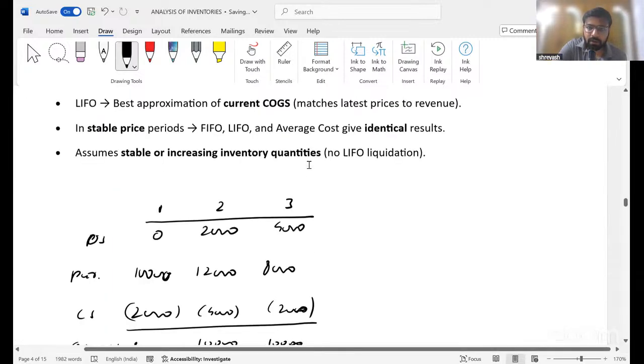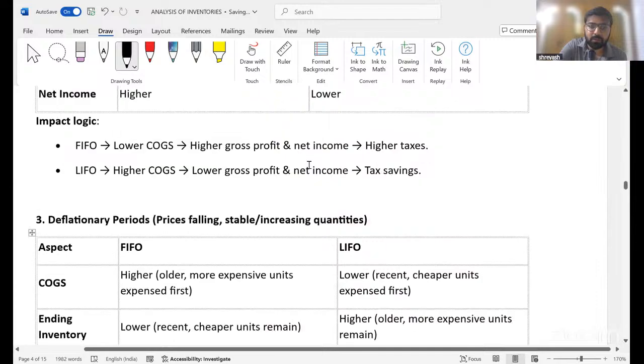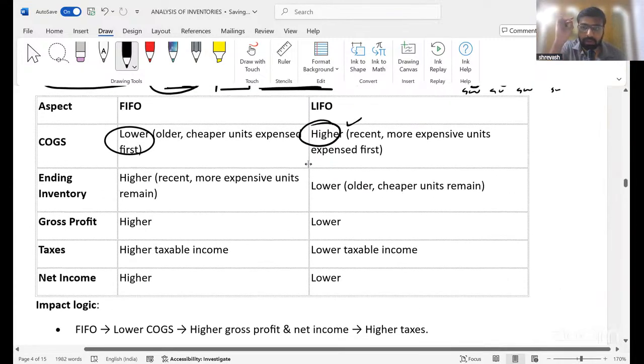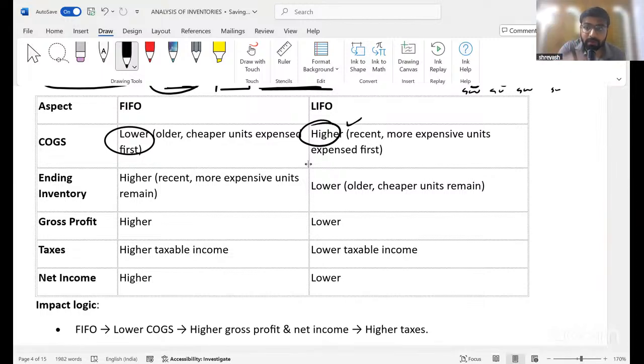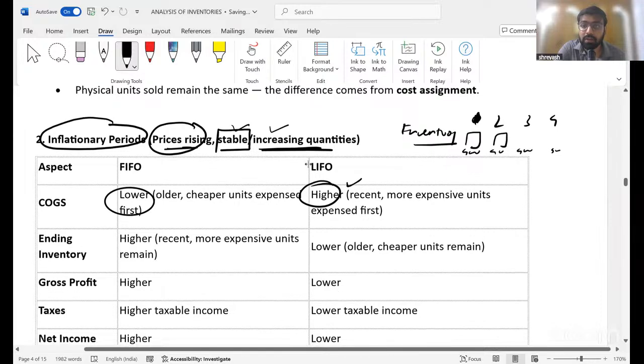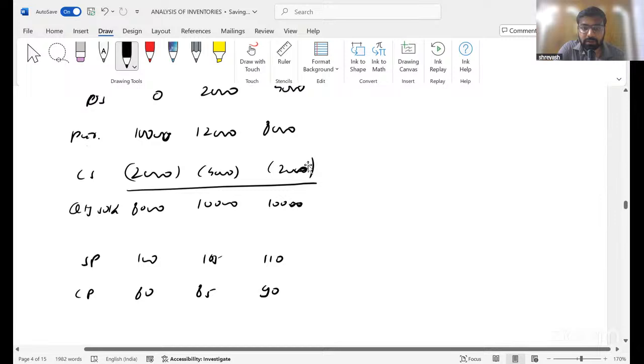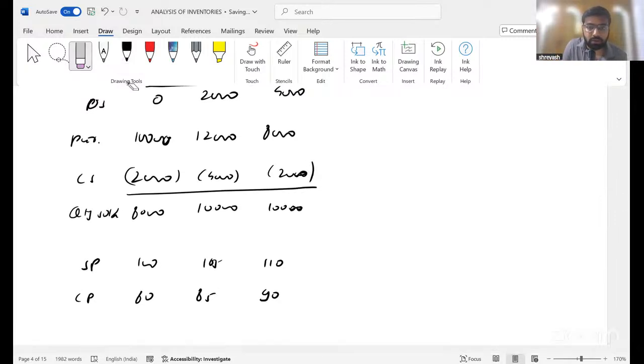All right. What all are we supposed to calculate? Whenever I'm comparing inflation and comparing LIFO and FIFO, what is my second assumption? That the quantities of inventory are either stable or increasing. Sorry, hold on. Here we took purchases a bit low; we should have taken a little more, my bad.